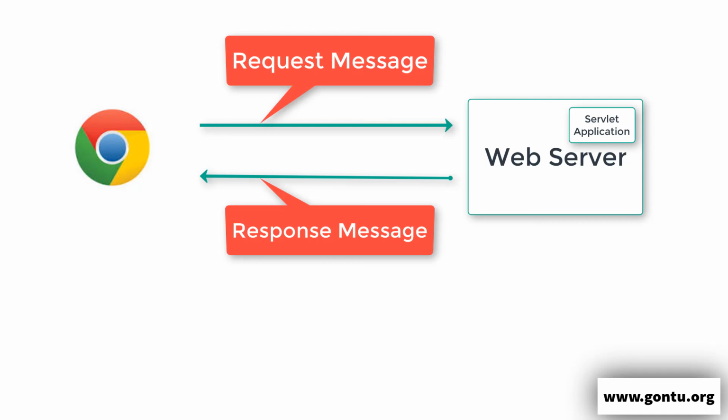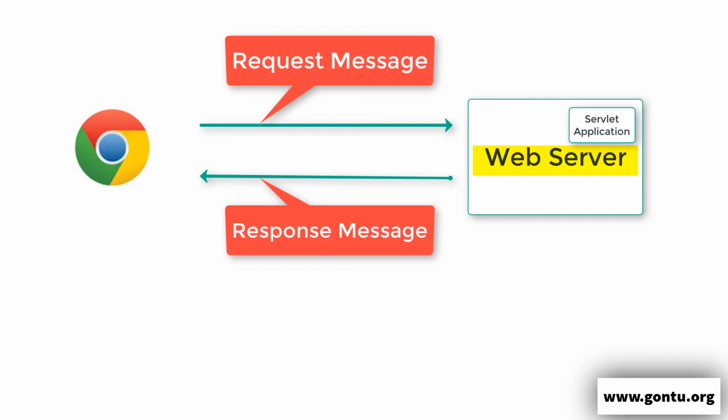So a web server program simply adds a feature to your existing servlet application to be able to listen to and respond to a user's request, and that's all about it. Now a question arises, which web server program should you use? Well, in the market there are a lot of web server programs available. Some are freely available and some are paid ones.